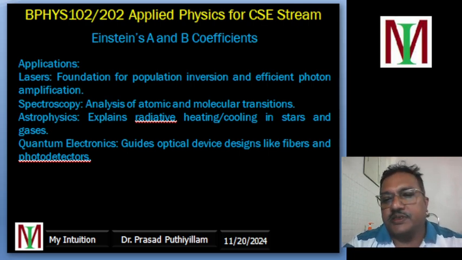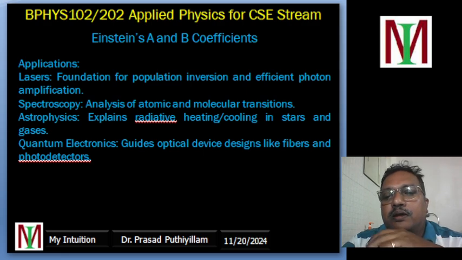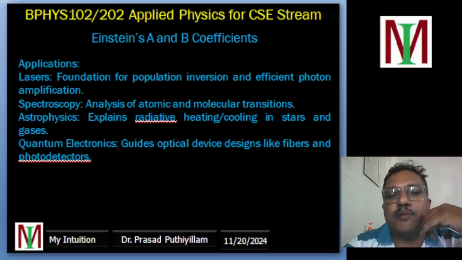And astrophysics. Astrophysics means everything about the stars and the sky. Einstein's coefficients also helped us understand how the stars emit light and heat because of the interaction between atoms and photons, just like Einstein explained.